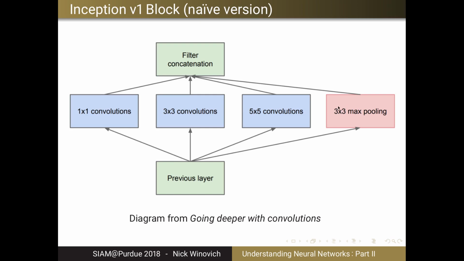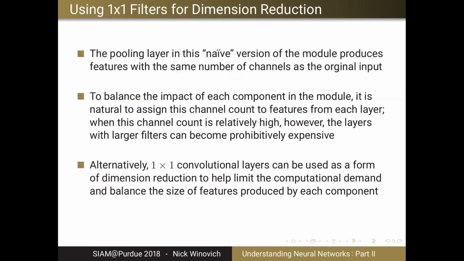And in order to balance the influence of each of these layers, we would naturally choose to place 100 channels out here, here, and here to get a total of 400 channels. But as you can see, this is going to grow the number of channels quite dramatically and lead to an increasing level of computational complexity, which we don't want, or at least it will be more computationally expensive.